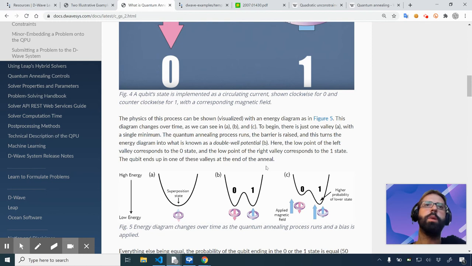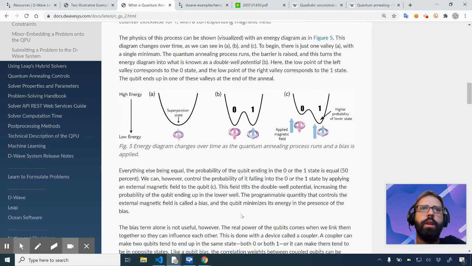The qubit ends up in one of these valleys at the end of the anneal. Everything else being equal, the probability of the qubit ending in the 0 or the 1 state is 50%. We can, however, control the probability of it falling into the 0 or the 1 state by applying an external magnetic field to the qubit. This field tilts the double well potential, increasing the probability of the qubit ending up in the lower well.